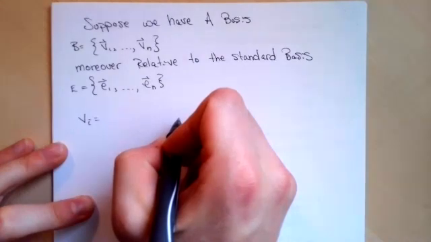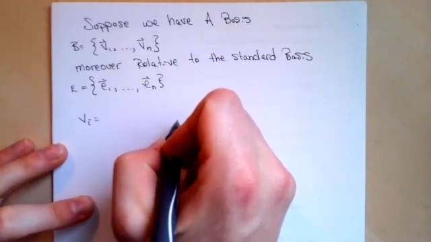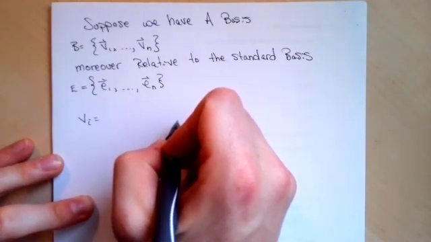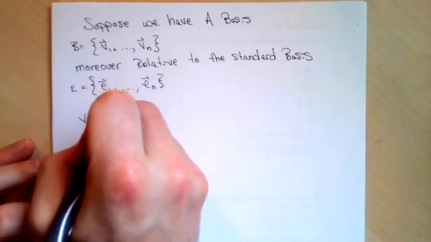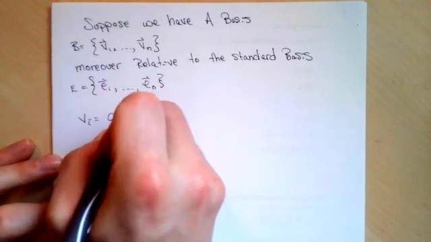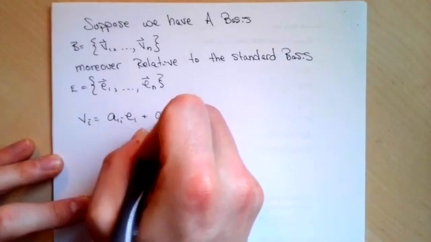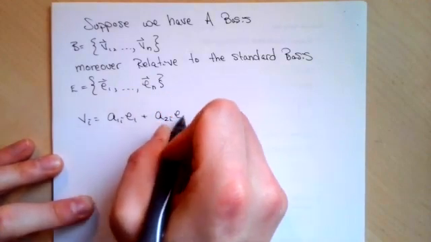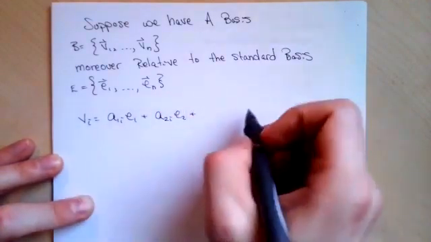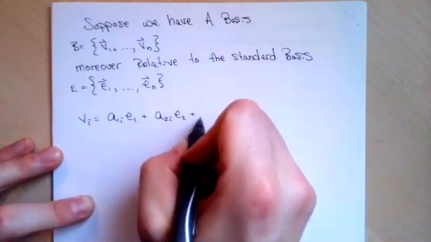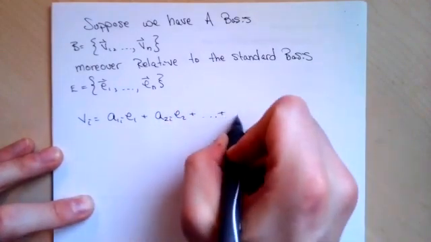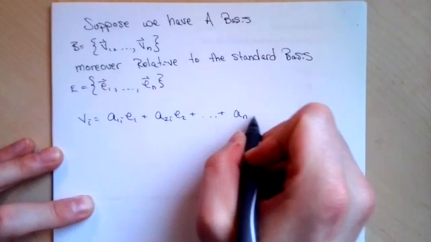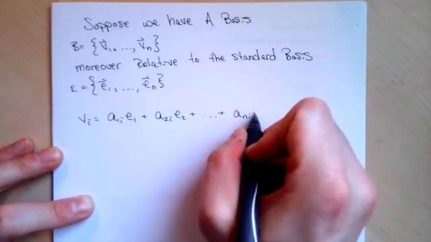So vi is going to be a column. So we're going to have a_1i e1 plus a_2i e2 plus a_ni en.